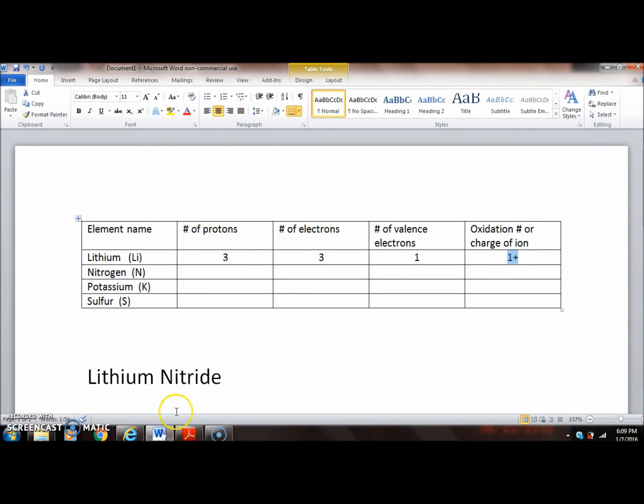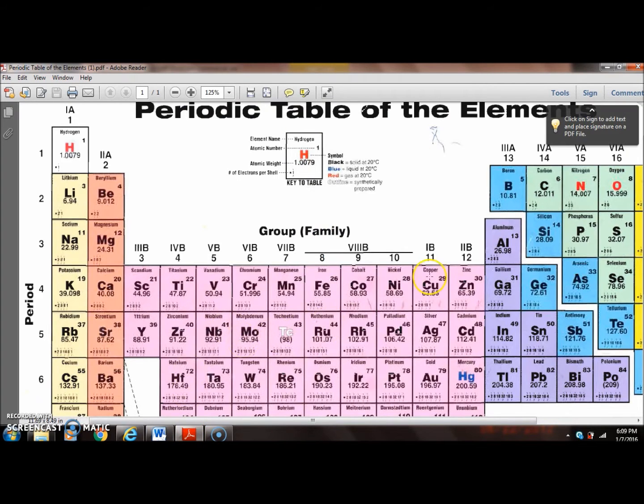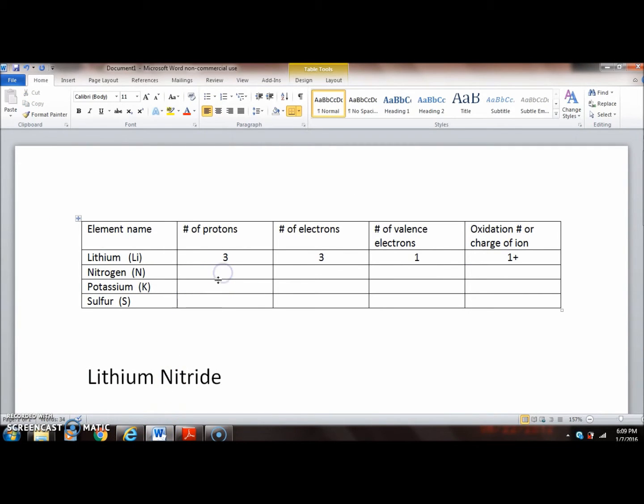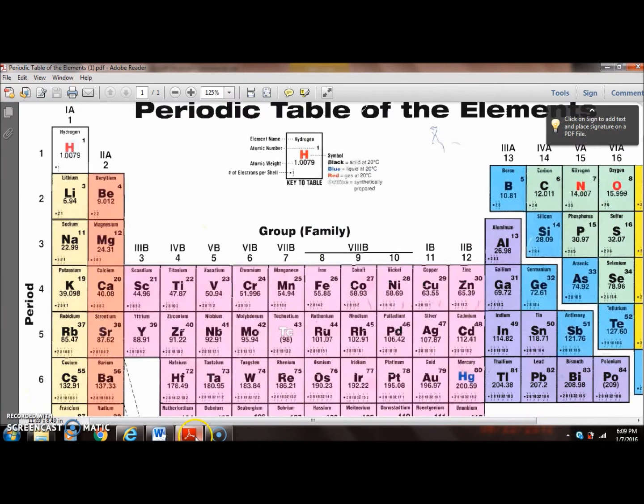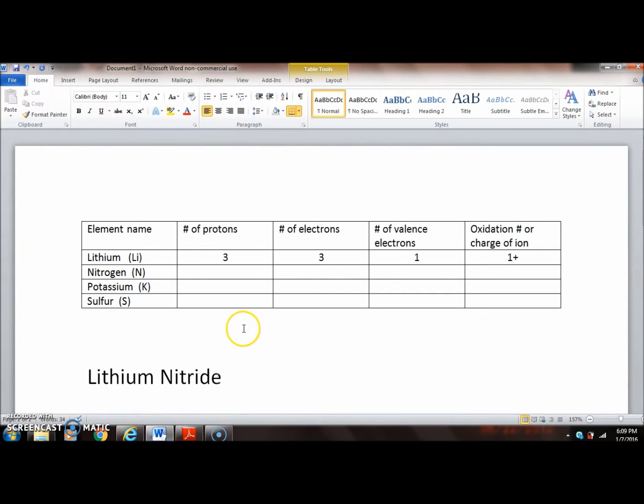So let's go back and find nitrogen now. You can see nitrogen's over here in group 15. It's got 7 protons. We know that because the atomic number is 7. 7 electrons, and its valence shell has 5 electrons. So let's go back and fill in our chart. So nitrogen has 7 protons, which also means it has 7 electrons.